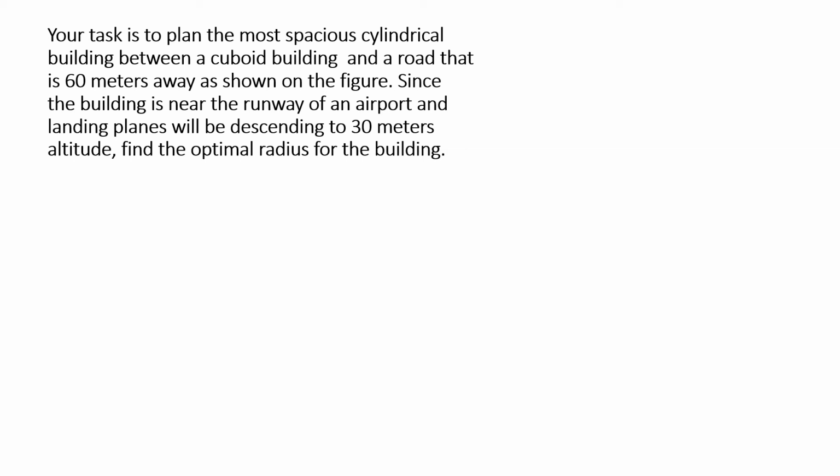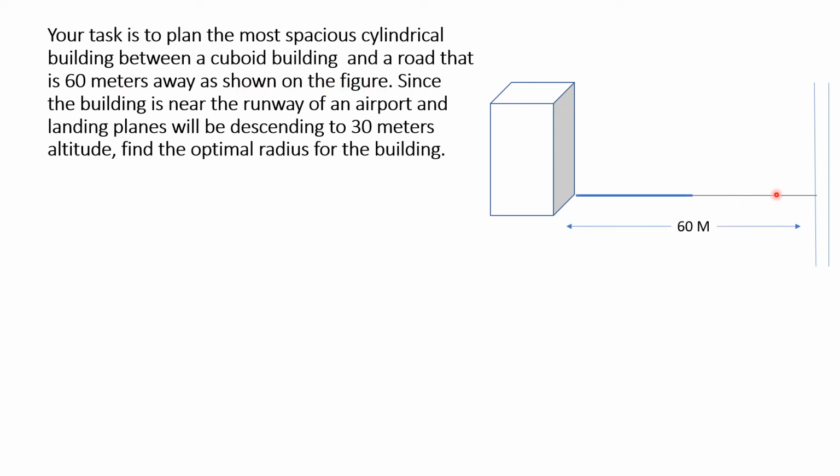Your task is to plan the most spacious cylindrical building between a cuboid building and a road. The road is about 60 meters away from the cuboid building as shown in the figure. So this is 60 meters, this is the road, this is the cuboid building.